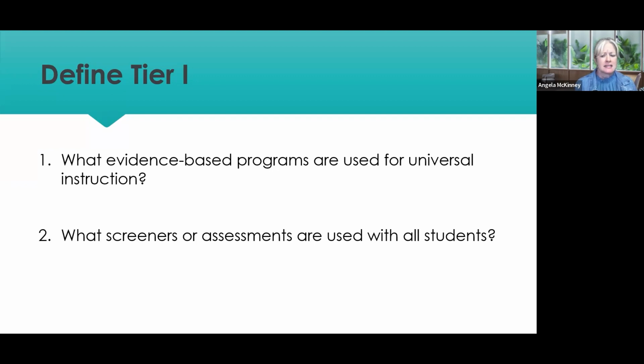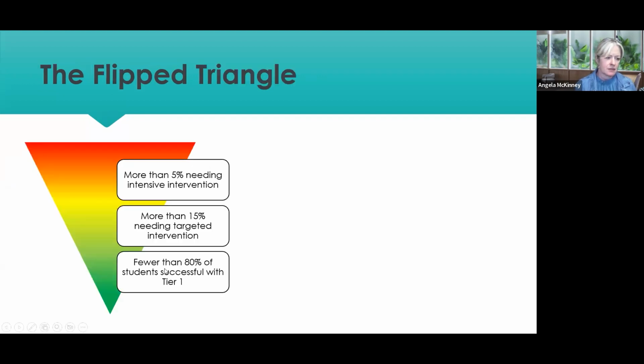Now, sometimes our triangle doesn't look so healthy, right? Sometimes our schools are spending as much or more effort on interventions as they are on just that Tier 1 instruction. When more of our kids are needing intervention than are doing well from the intervention, there's an issue.